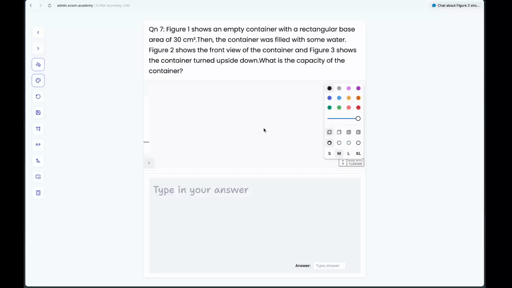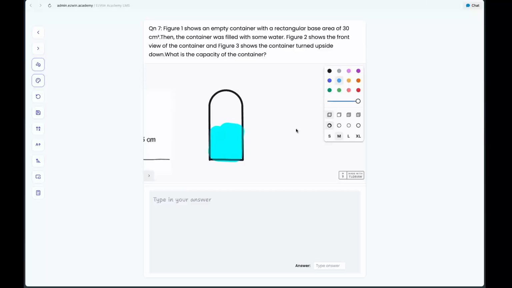Before we go through this question, I'm going to show you a simple example. Let's say we have this container, and it has some water.